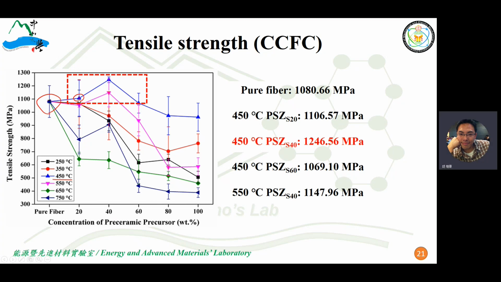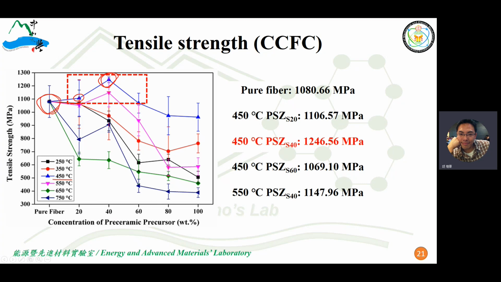When the concentration increased to 40%, that's the highest UTS of the CCFC, higher than the pure carbon fiber.